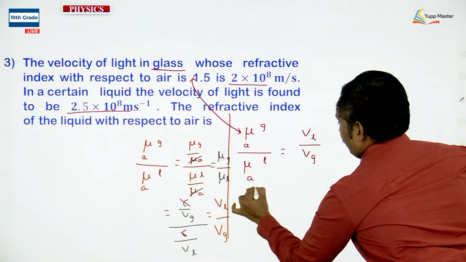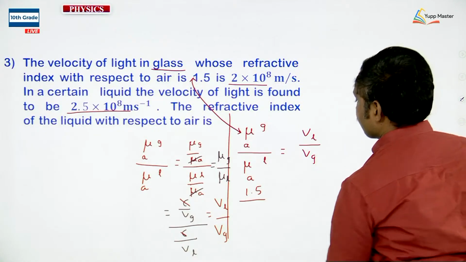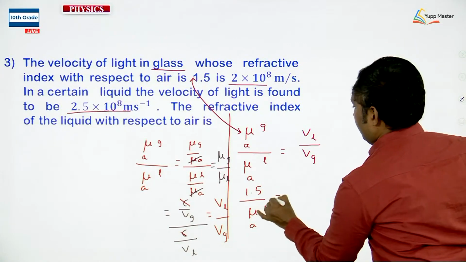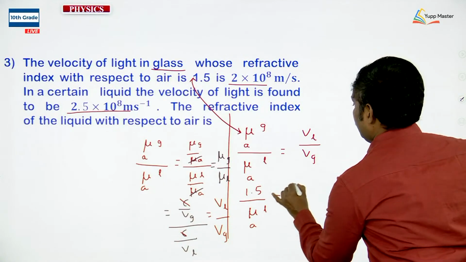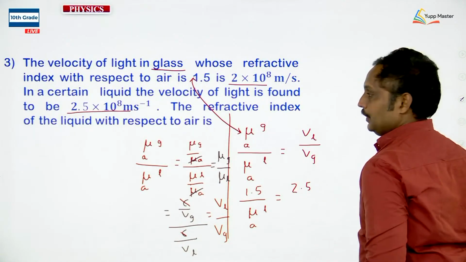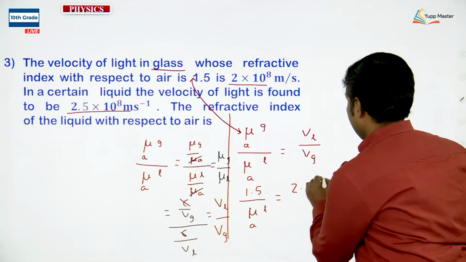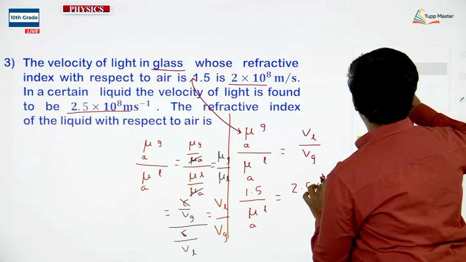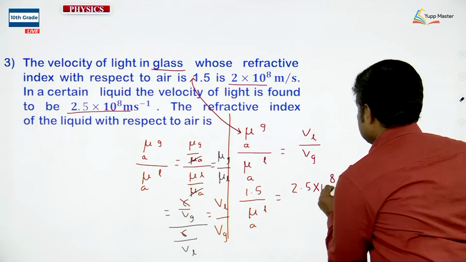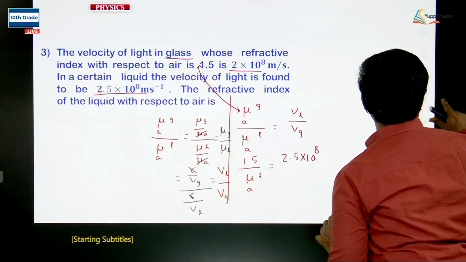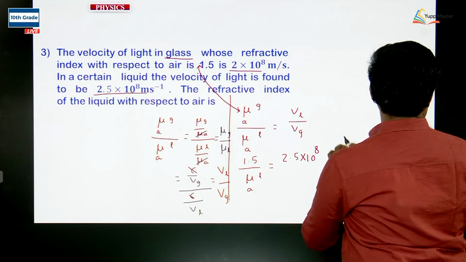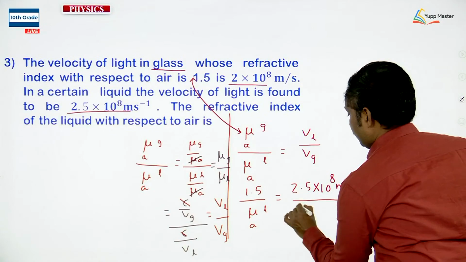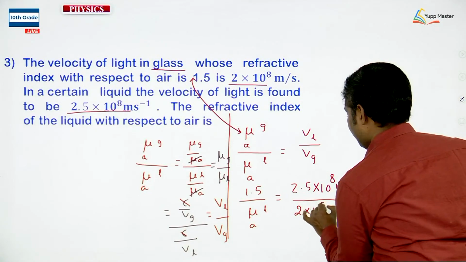Now we can take 1.5 by mu L A, that is equal to 2.5 into 10 power 8 meter per second and 2 into 10 power 8 meter per second.